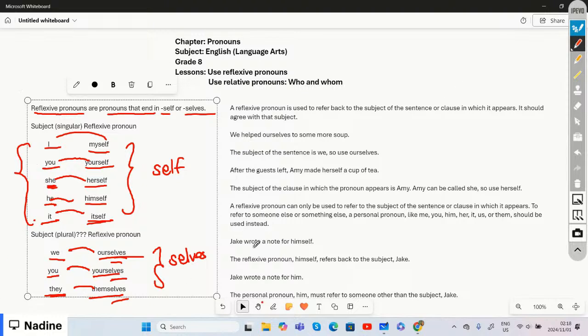If we also continue on reflexive pronouns, it is used to refer back to the subject of the sentence, which I said earlier on, or the clause in which it appears, and it should agree with the subjects as I mentioned earlier. Our reflexive pronoun, which is the word that ends with self or selves, needs to refer back to either our singular subject or our plural subject, right?